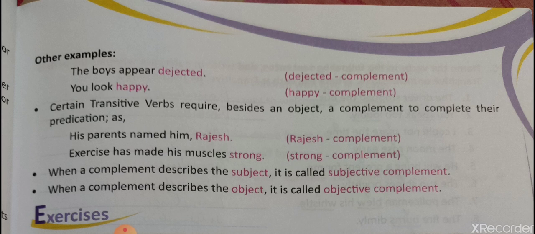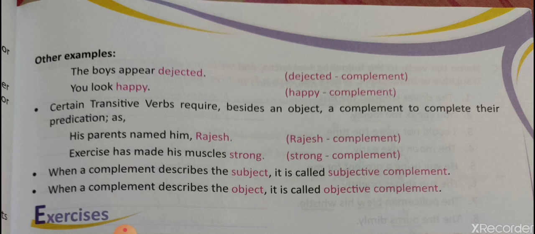When a complement describes the subject, it is called a subjective complement, and when a complement describes the object, it is known as an objective complement. Similarly, "His parents named him Rajesh."